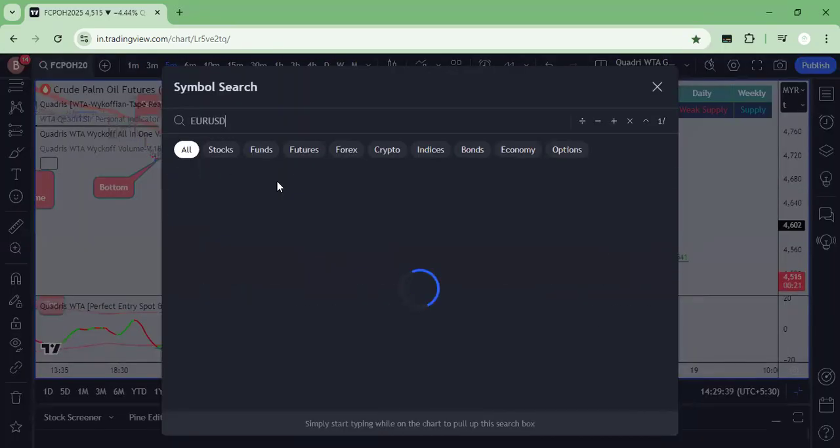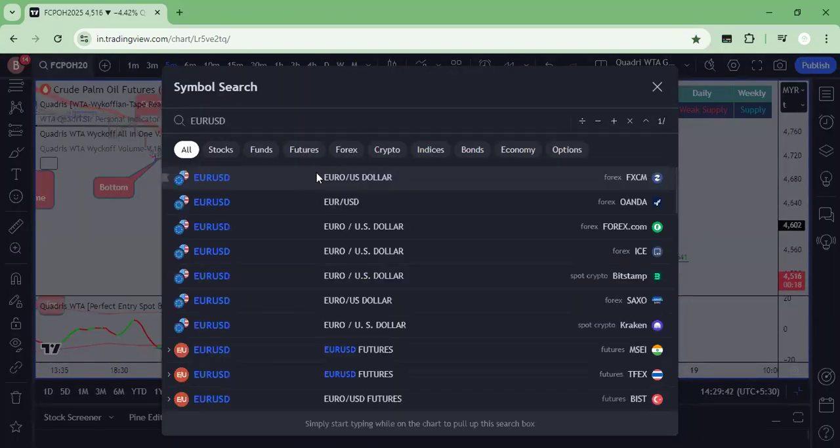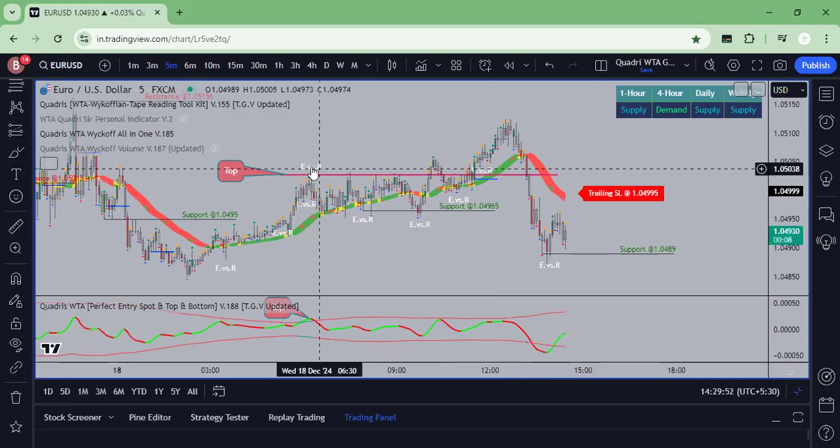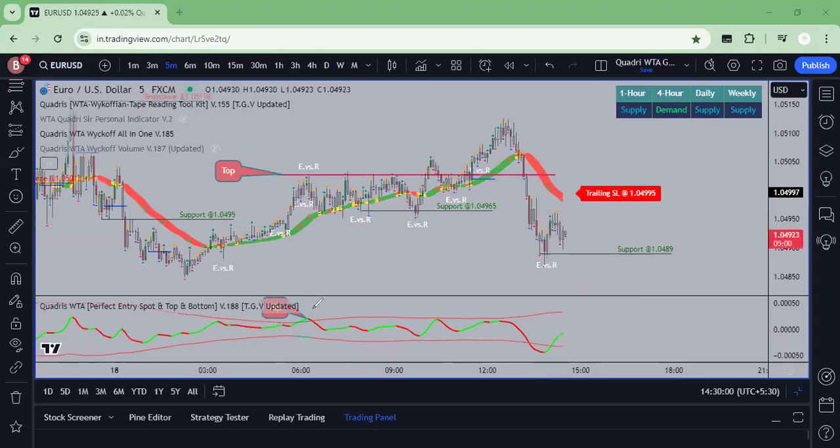So now I'll go to EURUSD because nothing is happening on FXCM, and I think Euro is doing something. It has given us good opportunities. Again, I'll explain it for EURUSD traders. First, I use the 188 only for getting the bottoms and tops.